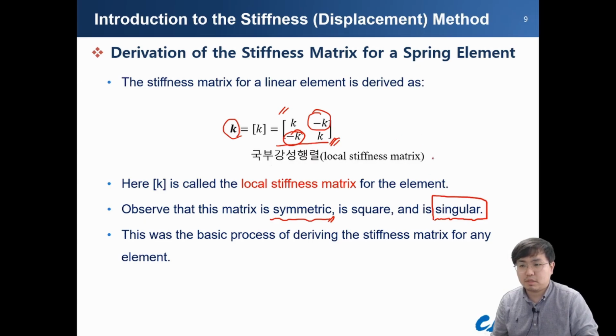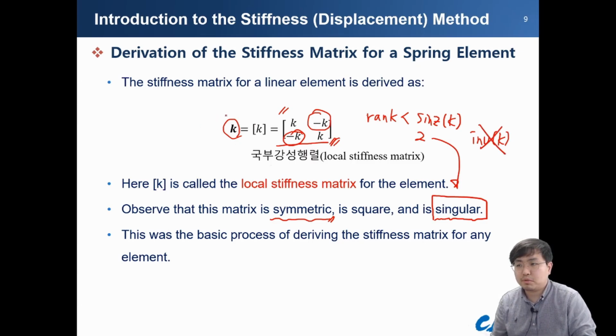Singular matrix means this matrix has a lower rank compared to the size of the matrix. In engineering mathematics, we learned about this: if the rank is below 2, this matrix becomes a singular matrix. Or, singular matrix means that it doesn't have an inverse matrix.